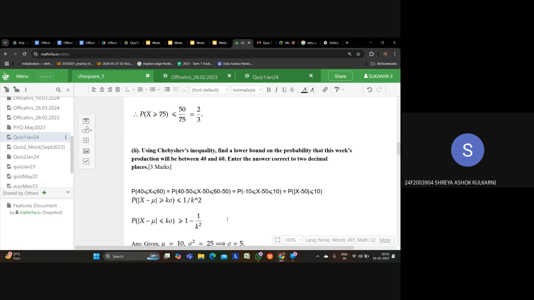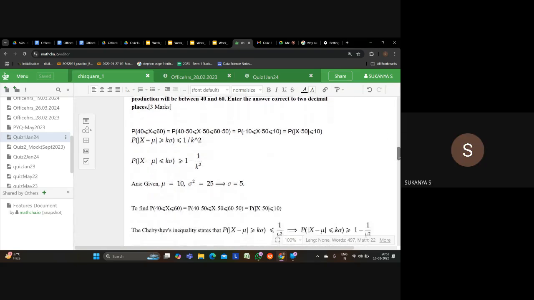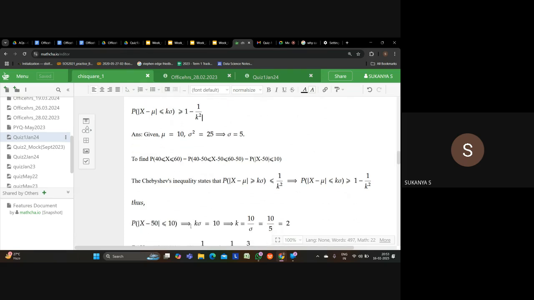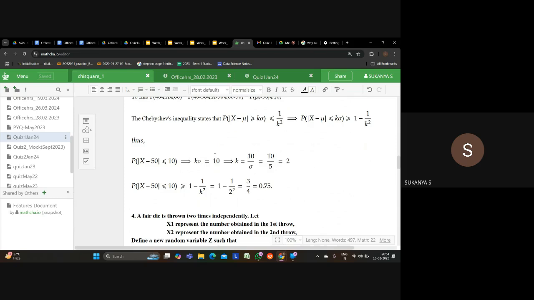Very good. So what we did here: k sigma is equal to 10, so k is equal to 10 by sigma. Variance was 25, so sigma is equal to 5, and k is equal to 2. So the required probability is 1 minus 1 by k square, which is 1 minus 1 by 4, which is 3 by 4. Any doubt?